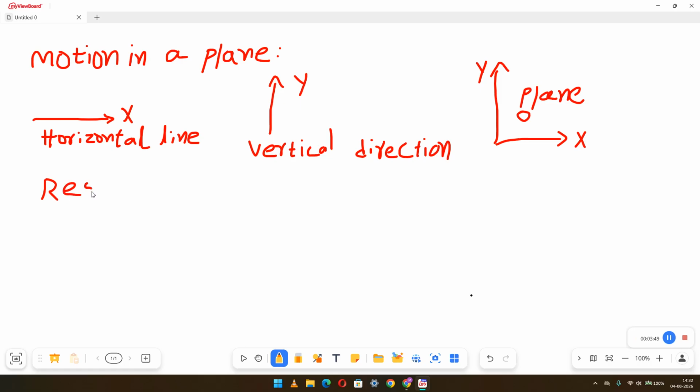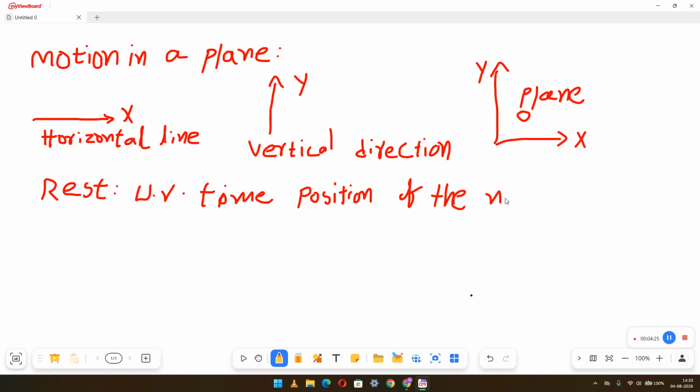Next one is rest and motion. What do you mean by rest? With respect to time, the position of the object does not change. And as time goes on, the position of the object does not change.